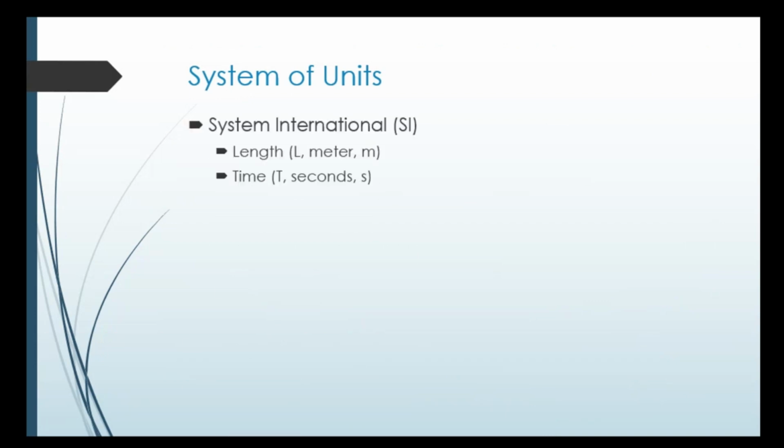So based on this, we define some systems of units like SI system, in which we use length in meters, time in seconds, mass in kilograms, and force in Newton. Mass and force are written in parallel because they would be interchanged. If you are using force as basic unit, then mass would be a derived unit. And if you are using mass as base unit, then force would be its derived unit.